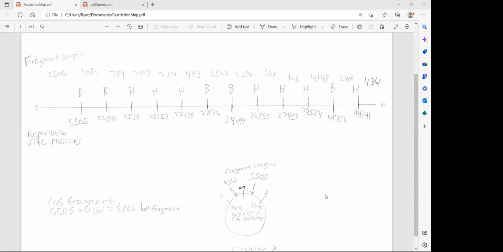Yes, that would be right. So I have to show the cost. Well, he just said write cost next to the 9866, and that's how he would know that that one was your cost fragment.